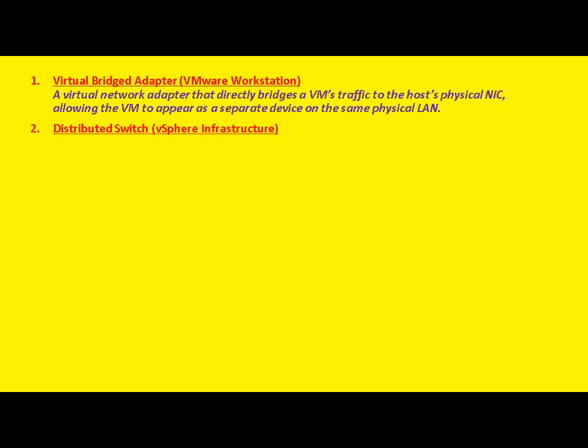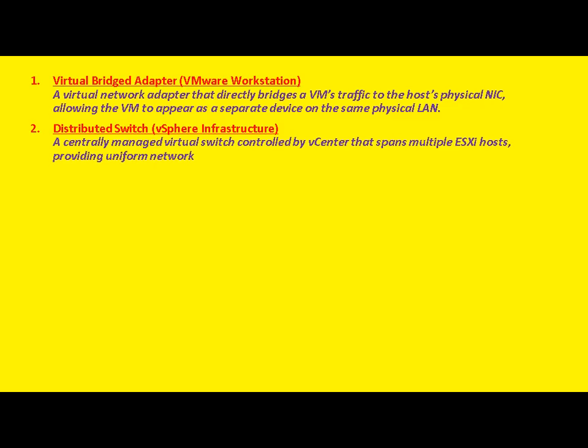Second component is the distributed switch in vSphere infrastructure. So what is a distributed switch? A centrally managed virtual switch, controlled by vCenter, that spans multiple ESXi hosts, providing uniform network configuration and management across the cluster. So think about a physical switch.